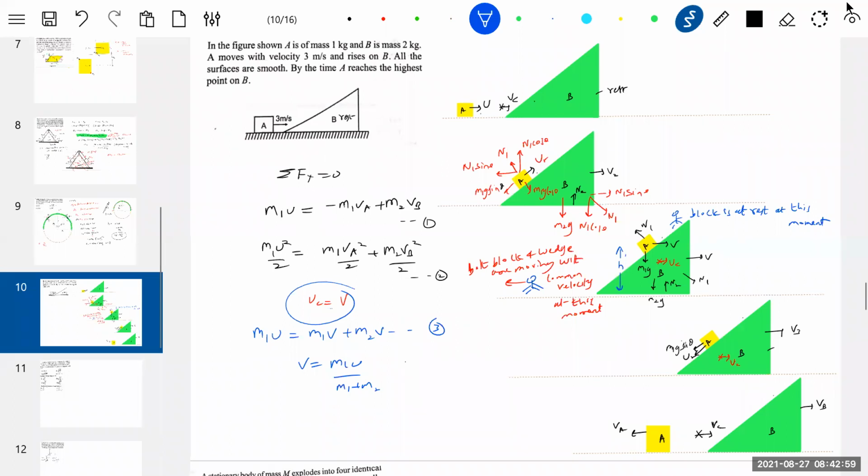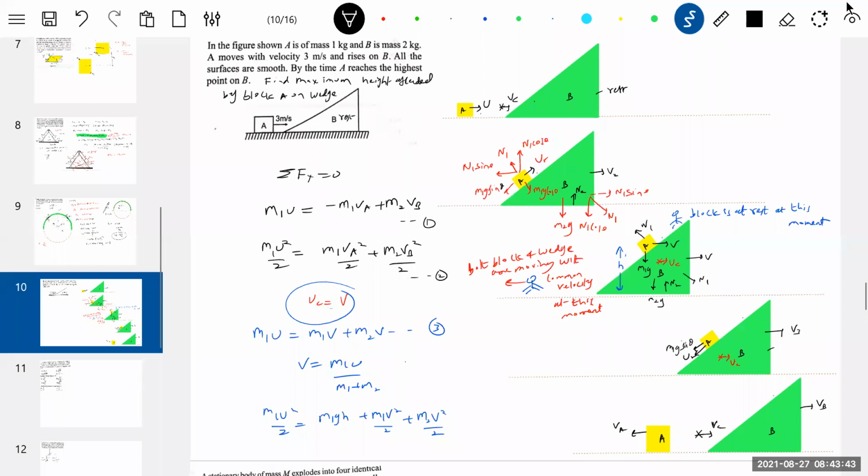Then how do we calculate the height to which it will reach? Do we have a formula? Yes, we know v from here, and the initial data is given, so to what height it will rise, that also we can calculate. What is the question? Find the maximum height ascended by block A on the wedge.